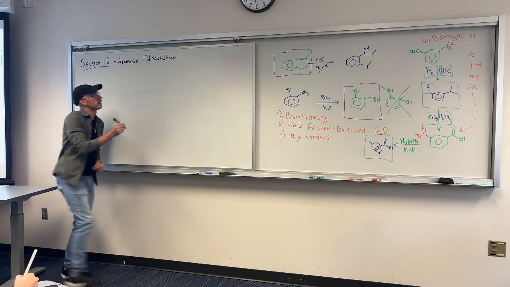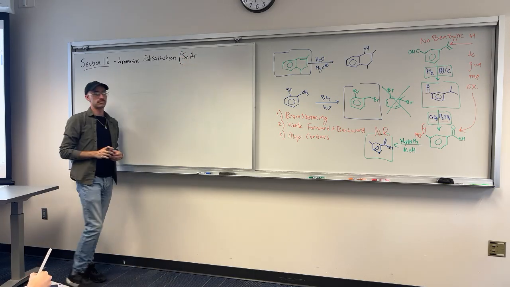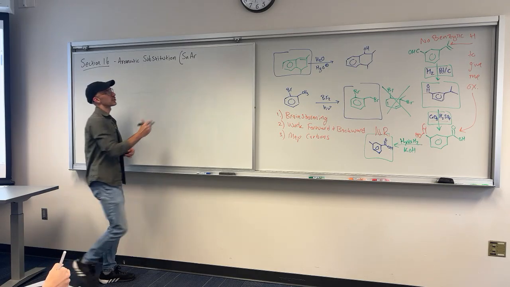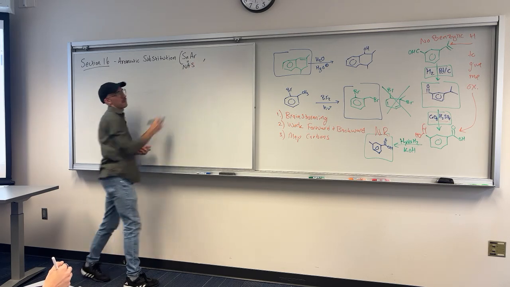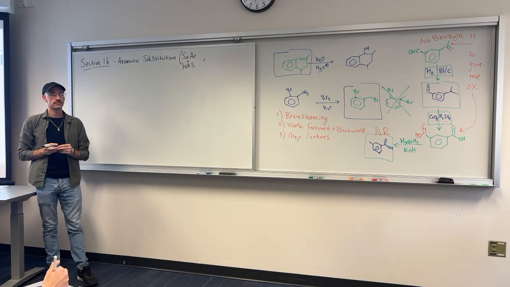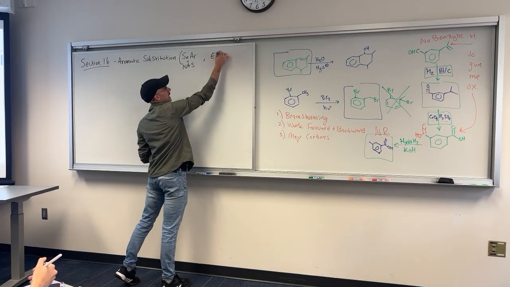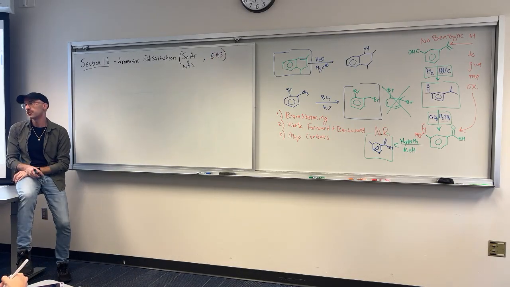This is SNAr, sometimes, which is also called NAS. And this is EAS. There are two ways in which you can substitute a group on the aromatic ring.